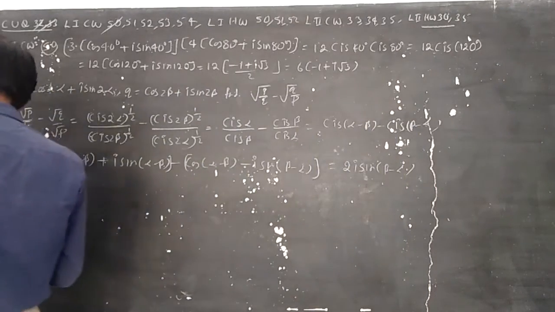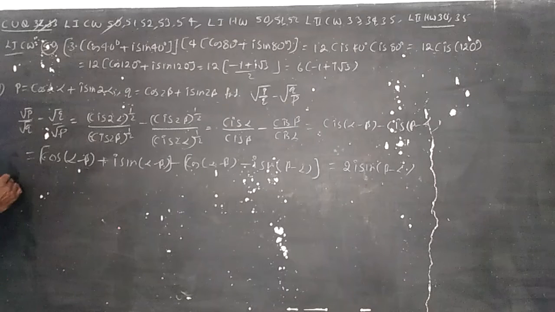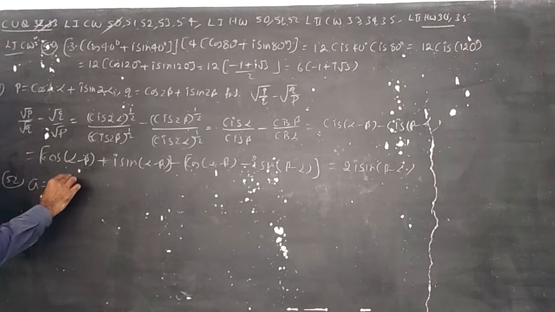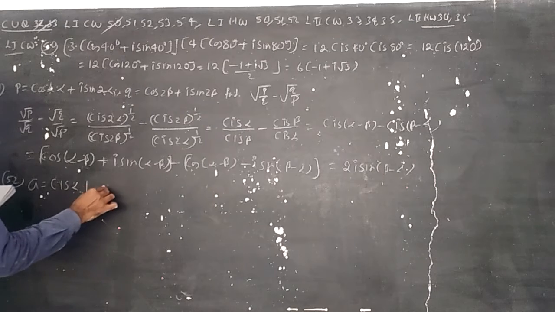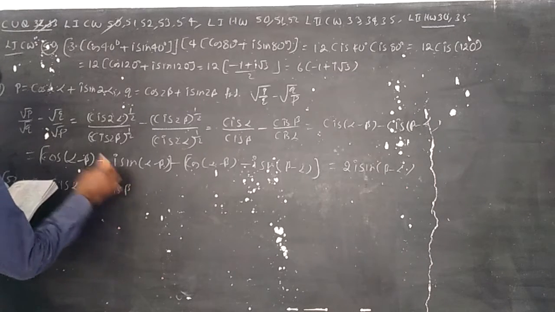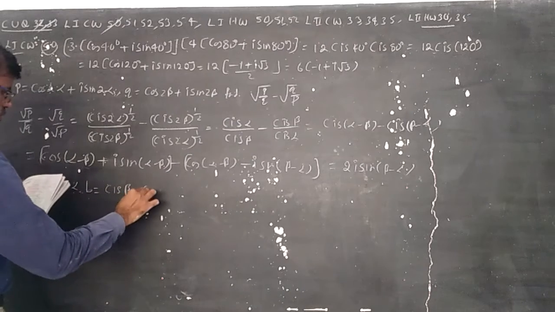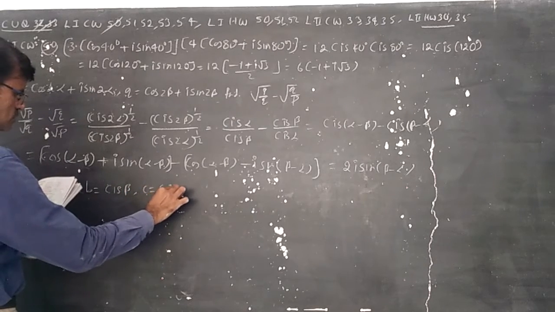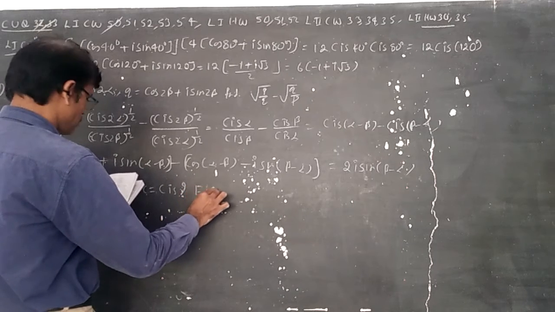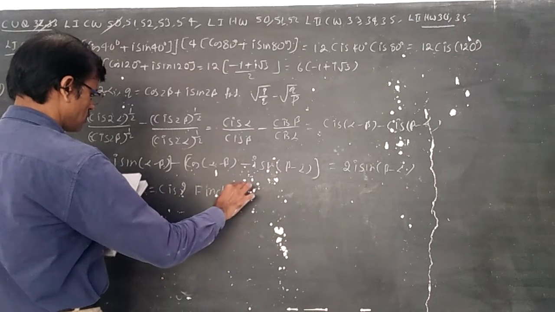52. A cube B cube by C square. A is equal to cis alpha, B is equal to cis beta, C is equal to cis gamma. Find A cube B cube by C square.